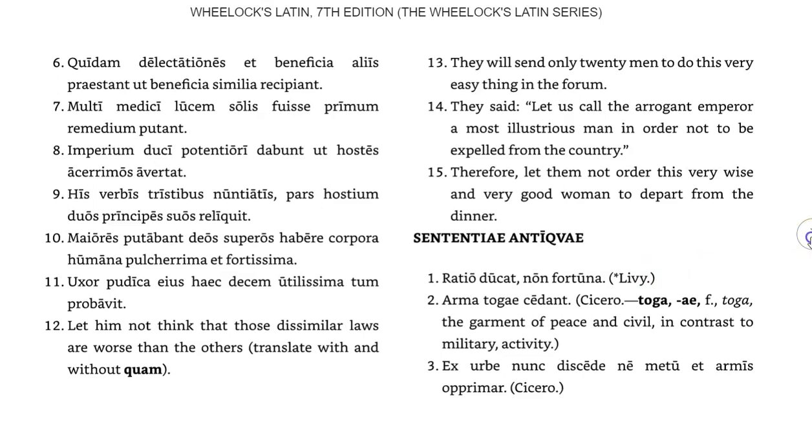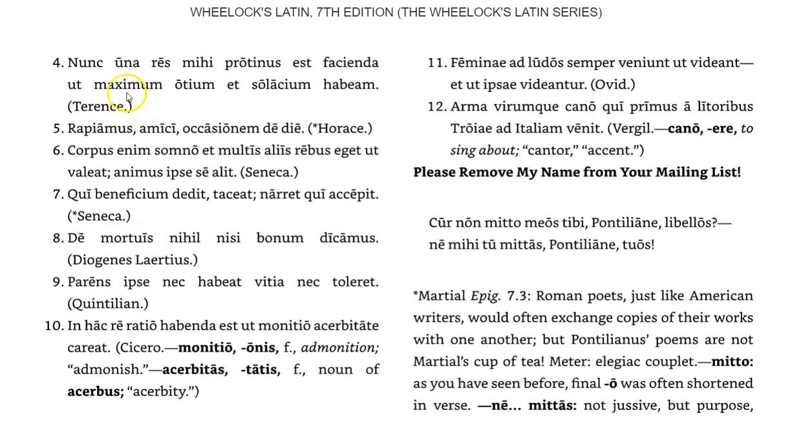All right, moving on to number 4. Here we have Terence, who again tends to be somewhat of a comedian, although sometimes that humor may not come out in these solo sentences. This one's interesting because we do have some fairly complex or advanced grammar in this chapter.